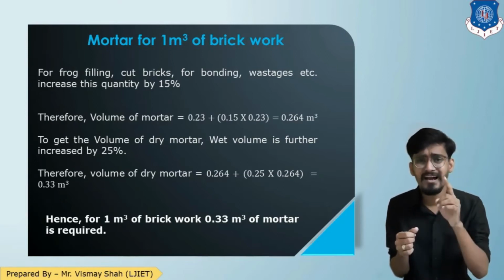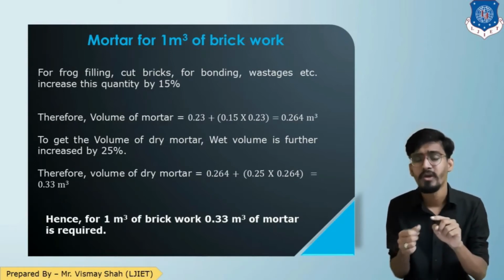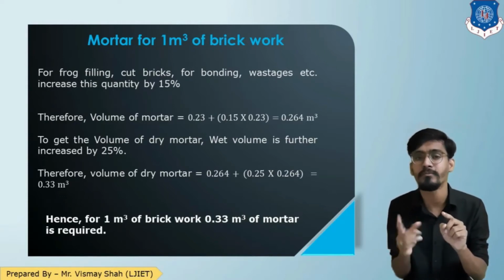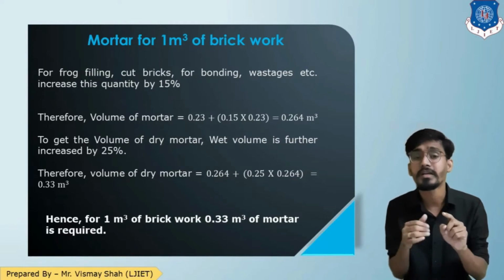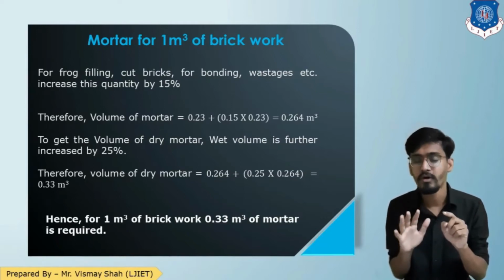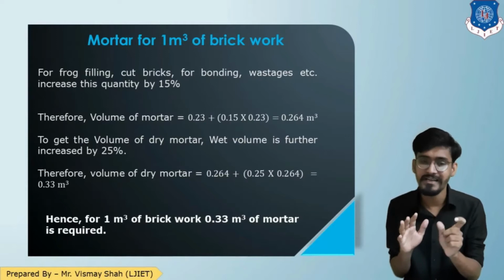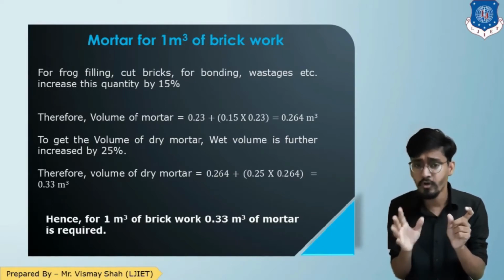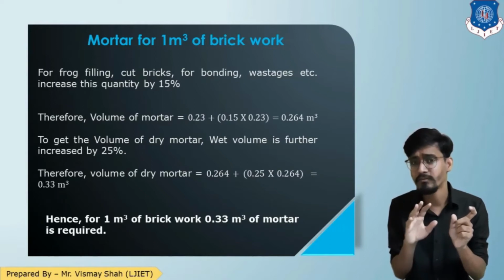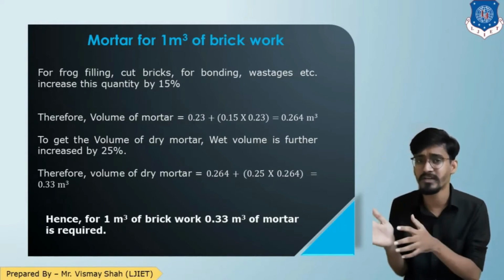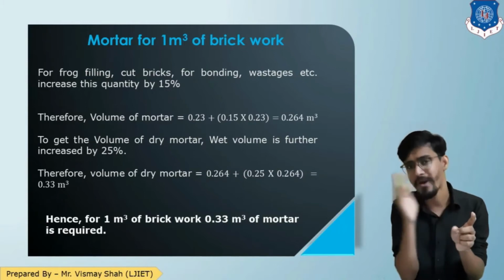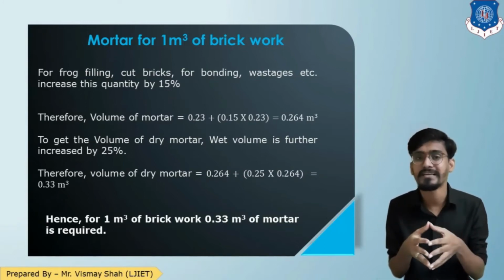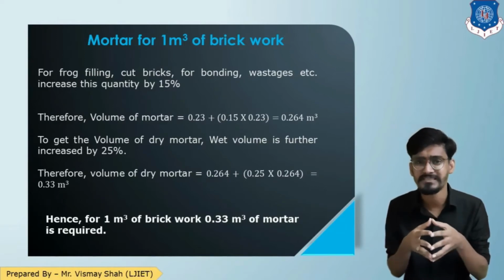So we are currently having the wet volume. From wet volume to dry volume, we need to increase the volume by nearly 30%. I hope you are getting my point. We are currently having wet volume, and I just told you that wet volume is much lesser, dry volume is much higher. So to convert from wet to dry, we need to increase the volume, and for brickwork that is by 30%.